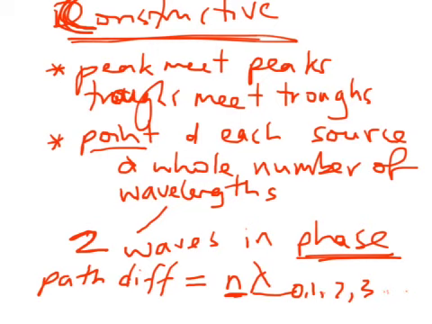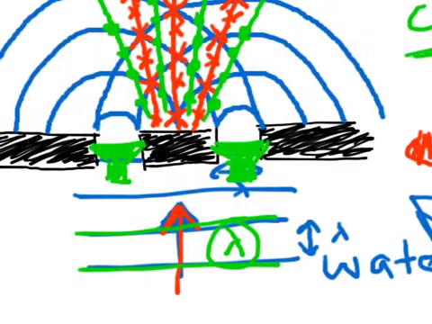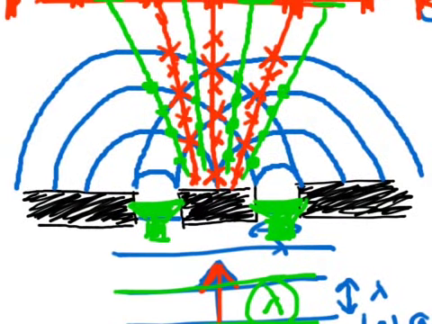Now let's go back and look at our diagram because it's going to help us here. It's getting a wee bit messy, so let's just see if we can zoom in on it. Okay, now hopefully you can see this. If we consider this point here, this is one wavelength out from this side, but it is 1, 2, 3 wavelengths out from this side.